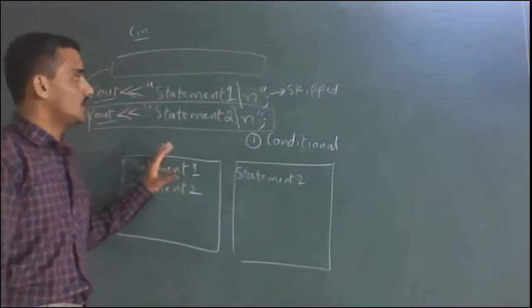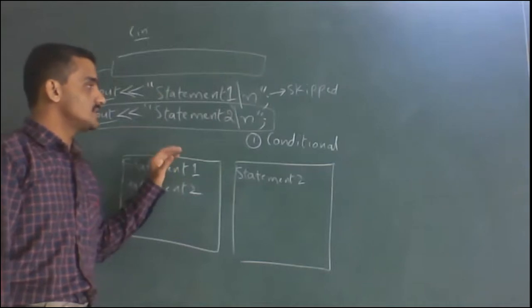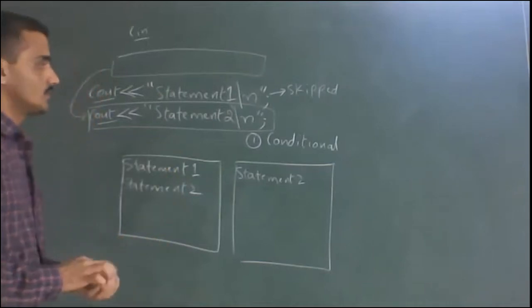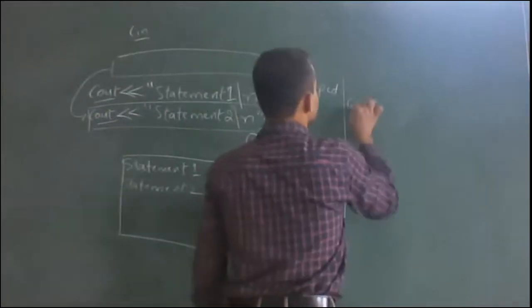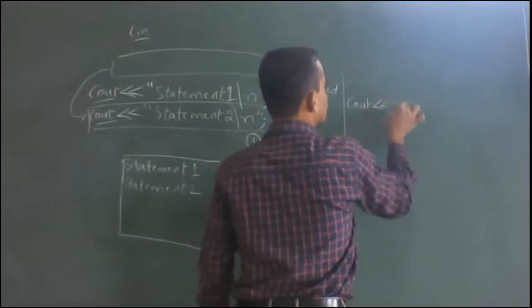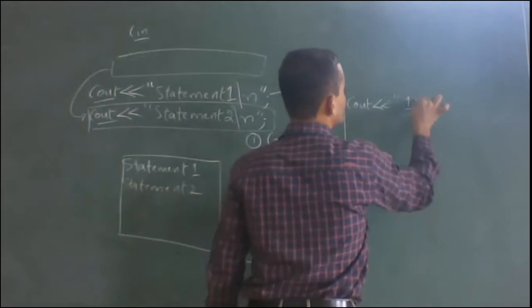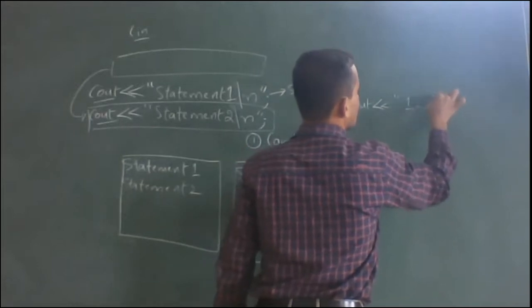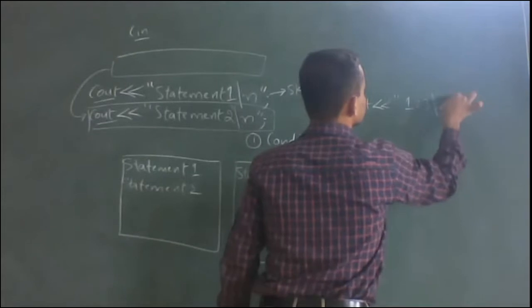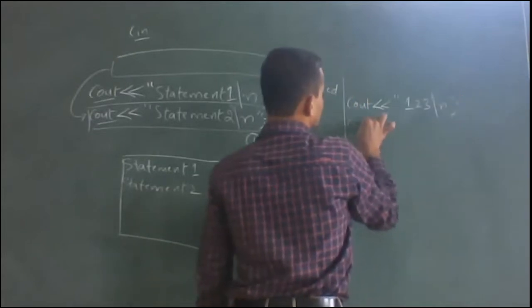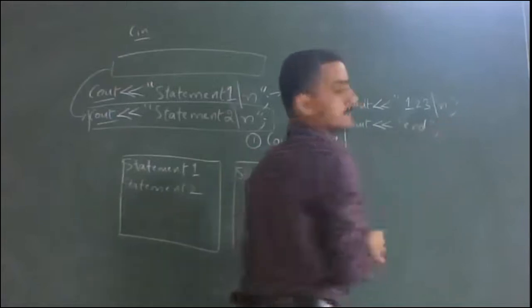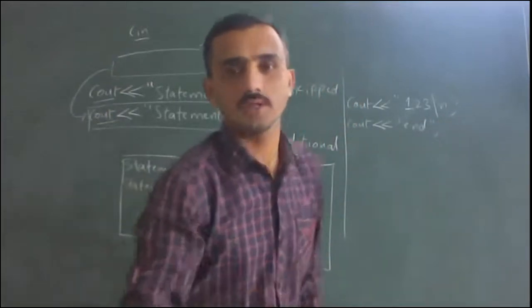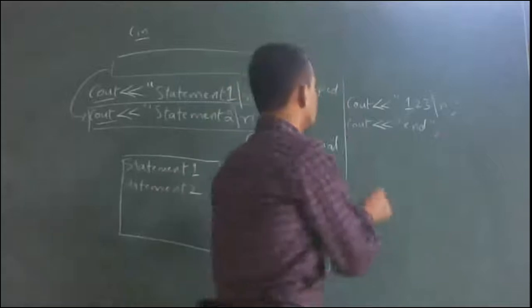Now, if I write a program, for example, cout 1, 2, 3, and then a statement for the end of the program. These two statements are written: 1, 2, 3 and end.